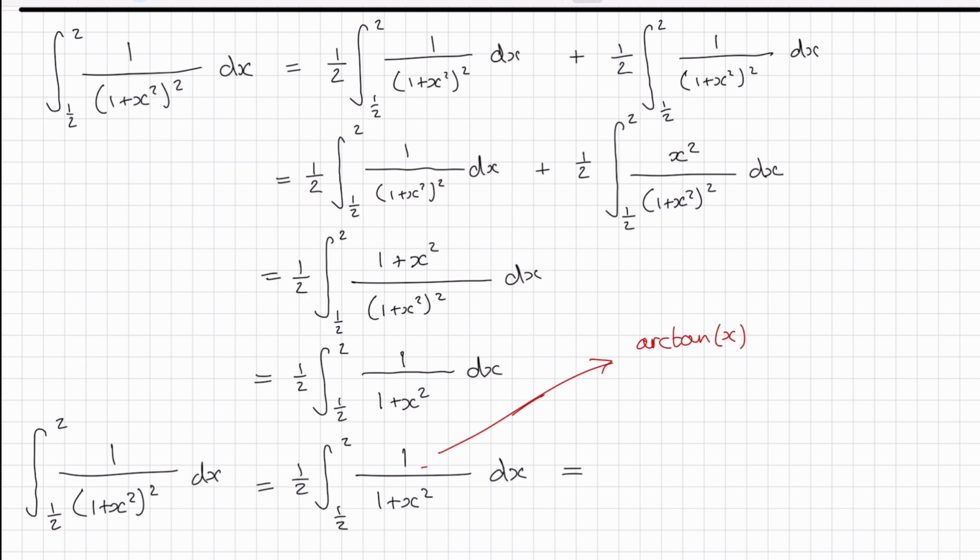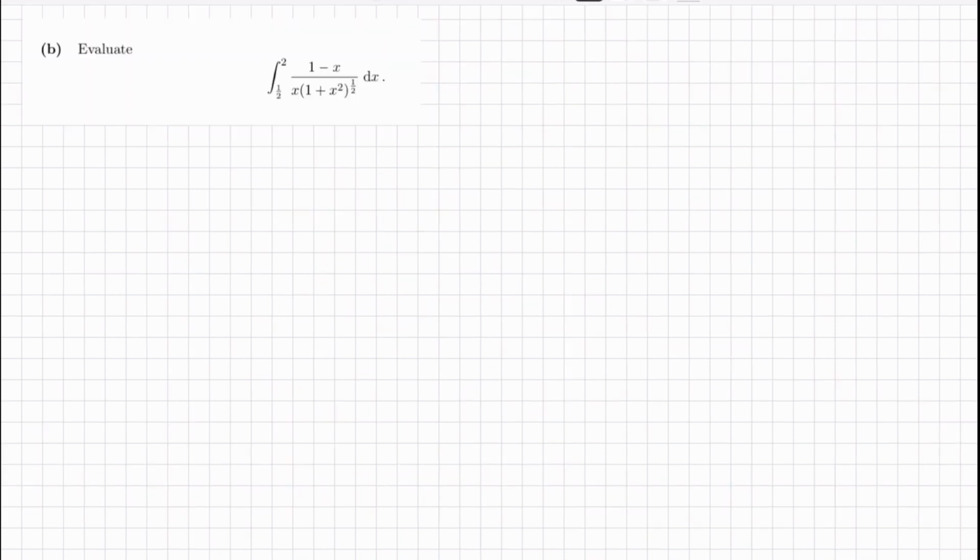Then that equals a half times arctan of 2, not arctan x of 2, arctan of 2 minus arctan of a half. And that is part A for that question done.